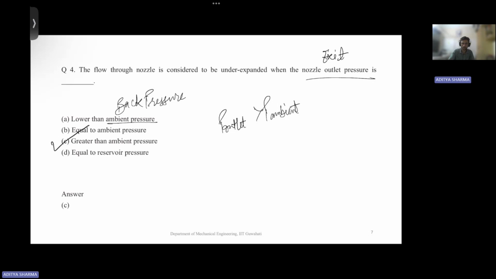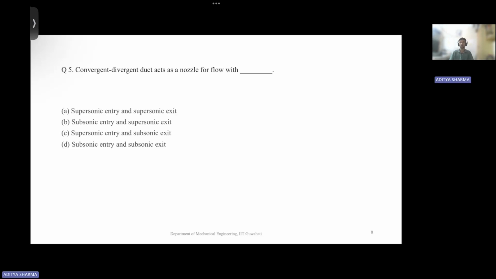Let's continue the session. The next question is question number 5. Please have a look at the question. It says that convergent divergent duct acts as a nozzle for flow with dash.